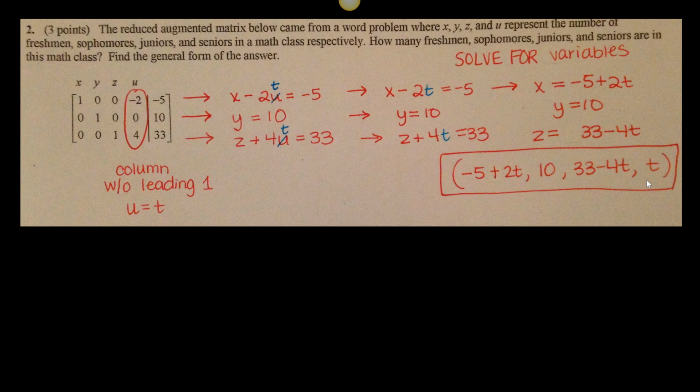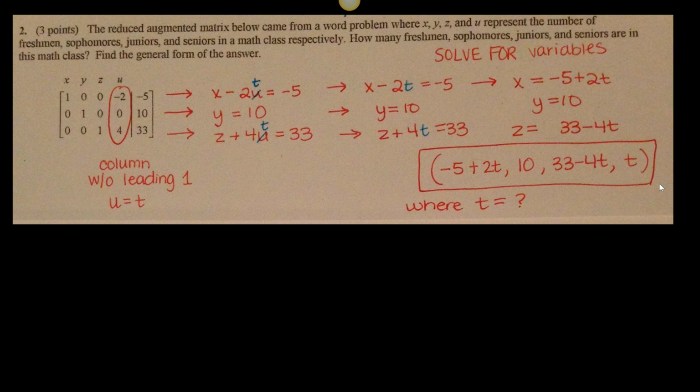So, after you write a parametric solution, we always want to define what numbers t can be equal to. A lot of times we'll say that t is any real number. You can't always say that though. So at this point we want to say where t is equal to what? What can t be equal to?